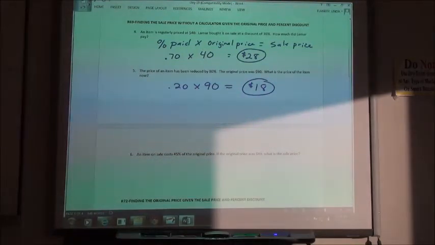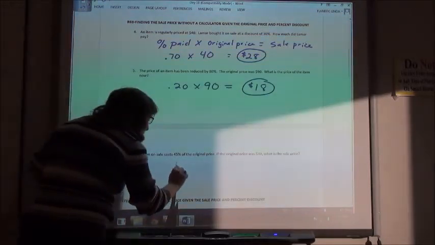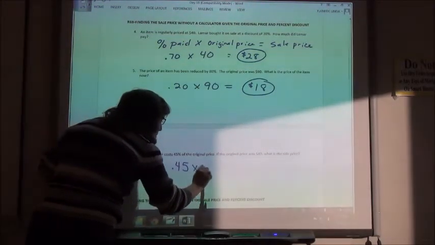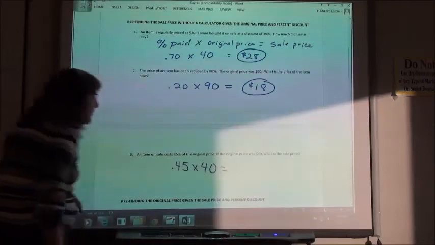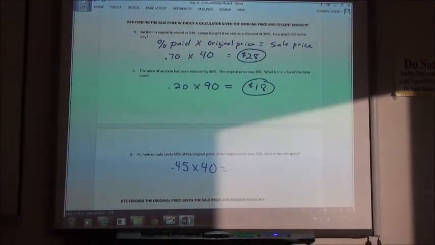Now number 6, notice the wording on that one. An item on sale costs 45% of the original price. It's not a discount or a less. You'd use that 45%. The original price was $40, so what we're doing is just figuring out what is 45% of our $40. What was it? 18 again?